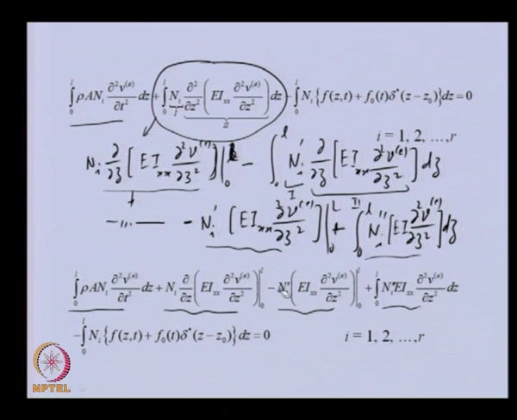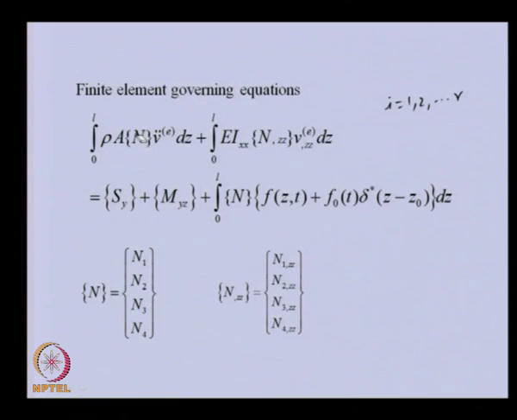So, only n are there, and these r number of equations we can put in a matrix form. This n is a vector, because now we know r is equal to 4 for the present problem, since the degree of freedom of the element is 4. So, we have 4 shape functions. Here it was a double derivative, so comma double z represents the double derivative of n with respect to z.